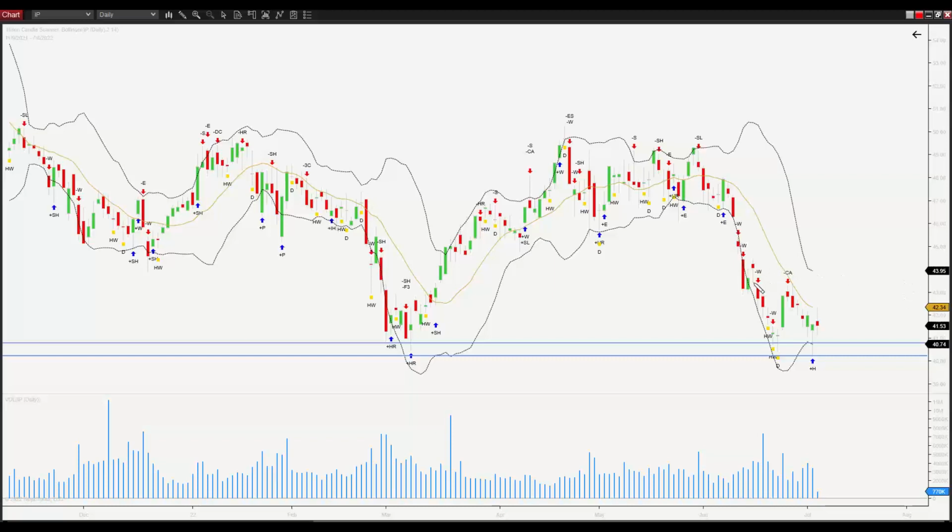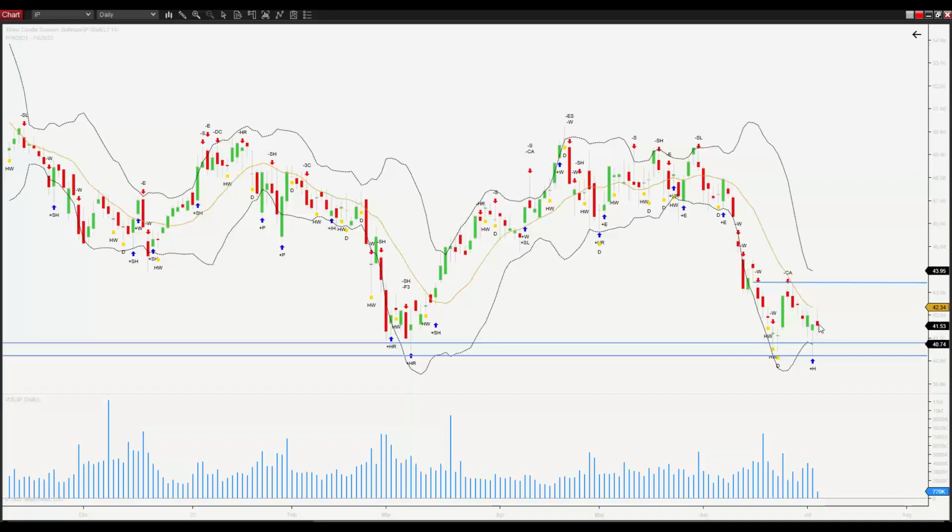If you look right here, we have a falling window, which immediately became resistance, and it tested once and twice, and it did fail to get back above that. So that resistance line just under 44 is holding. So why would I want to get in here? I wouldn't.